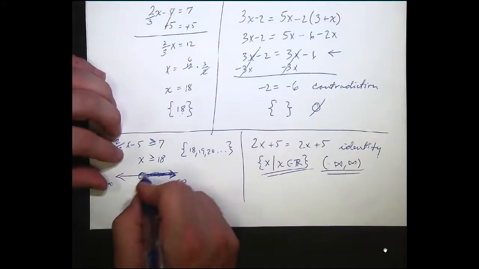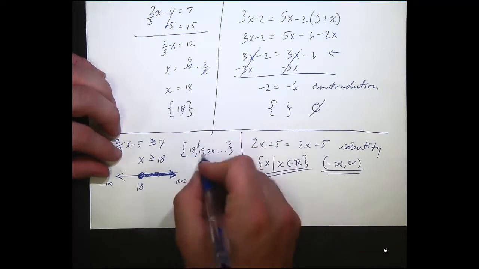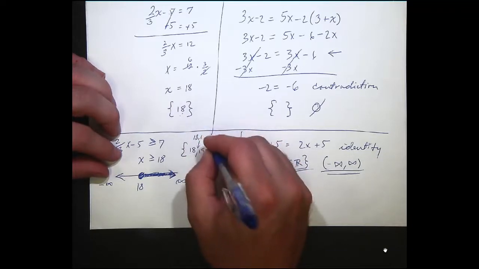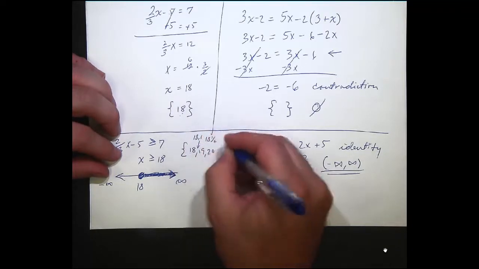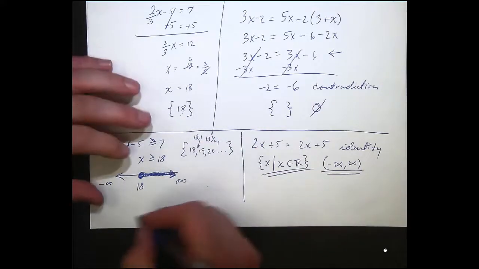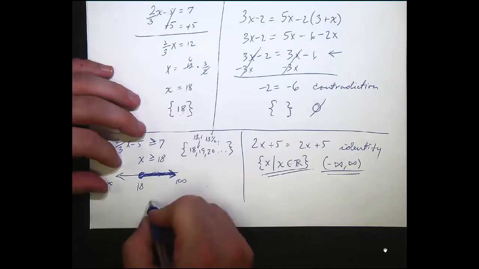Especially, this should be filled in. So 18 is part of it, but there's a lot more numbers than just 18, 19, and 20 in here. There's 18.1, there's 18 and a half, there's rational numbers, irrational numbers. So how do we write it? How do we capture all these numbers after 18?